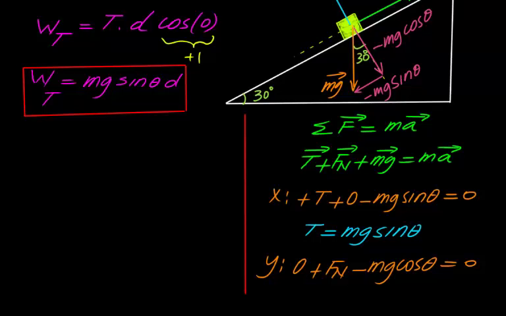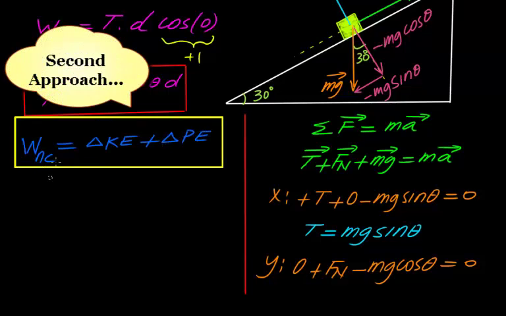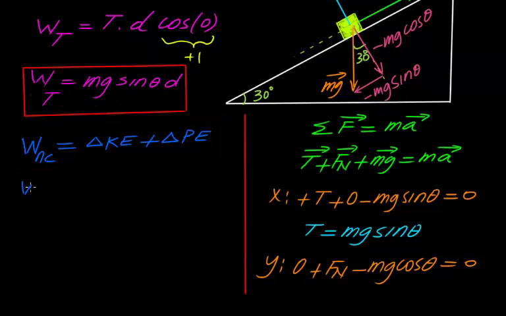The other approach that can be used to solve for the work done by the tension is the following. The work done by the non-conservative forces equals the change in kinetic energy plus the change in potential energy. The work done by the non-conservative forces includes the work done by the tension and the work done by the normal force. Those equal the change in kinetic energy plus the change in potential energy. However, the change in kinetic energy is going to equal 0 because the trolley is being pulled at constant velocity.